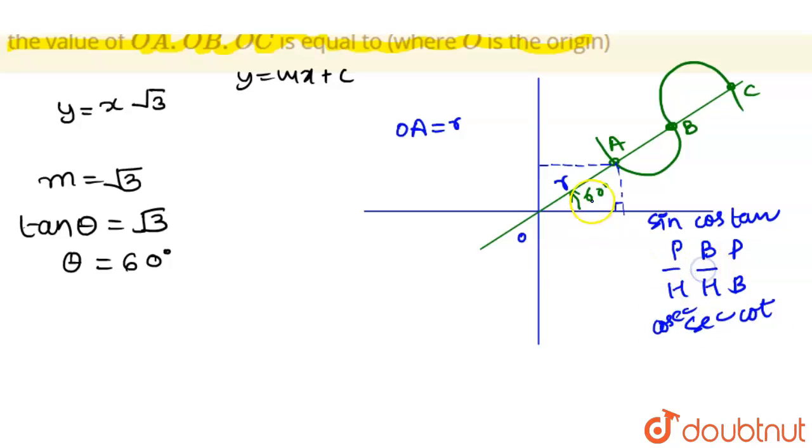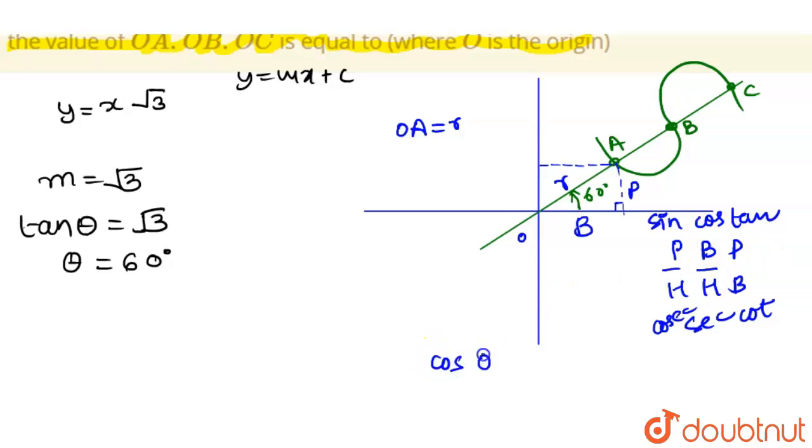So here we can see this is your height, this is your hypotenuse, this is base, and this is perpendicular. The relation between hypotenuse and base is cos theta.